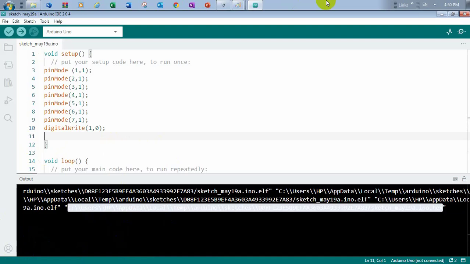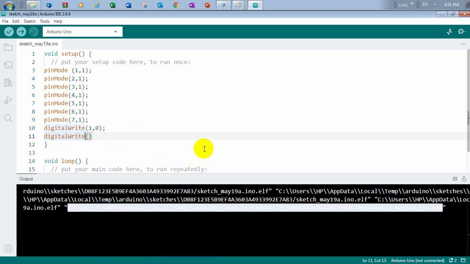Open parenthesis, and what do we write for pin number 2 to be?